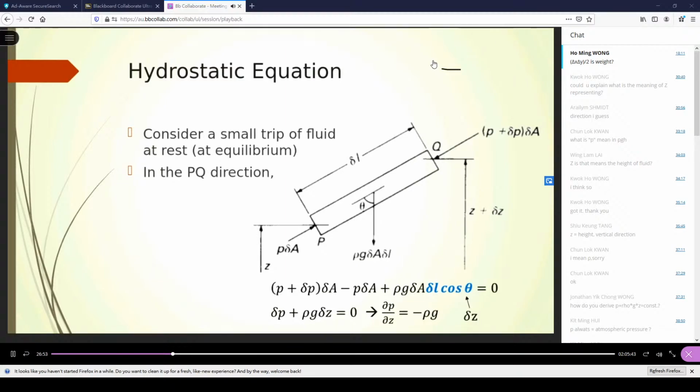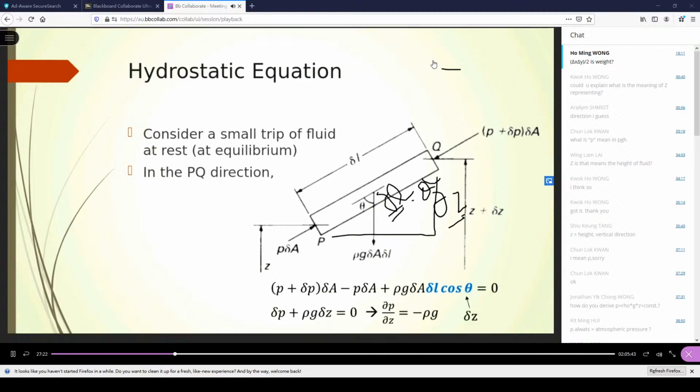This is delta Z, and this is delta L, and this is beta. So delta Z is equal to delta L times cosine beta. So this is delta Z.